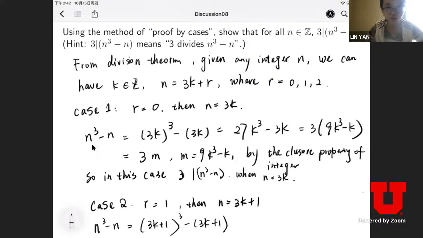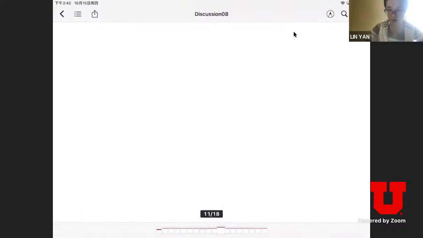Then we need to do some algebra. We still need to show that this is divisible by 3.